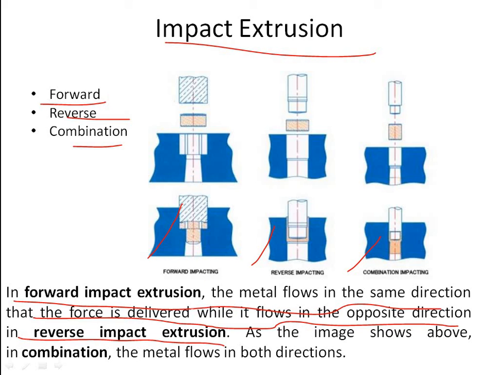So the difference between forward and reverse you might have understood. In forward, the metal flows in the same direction as the force delivered, while flowing in the opposite direction will be the reverse impact extrusion. As the image shows above, in combination the metal flows in both directions.